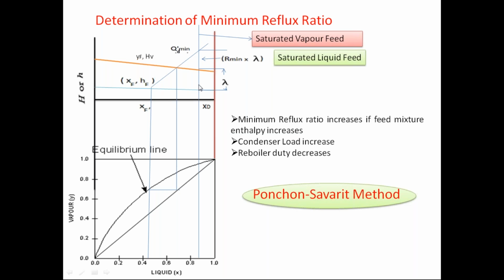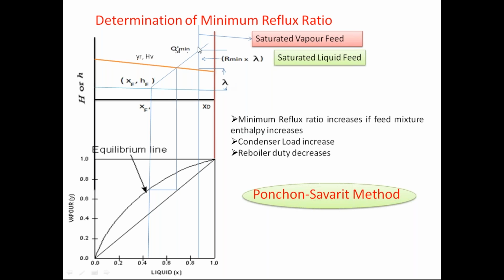Because it is a total condenser condition, the vapor will just have its latent heat of vaporization lambda removed to get saturated liquid from saturated vapor. So the value is called the lambda of the product mixture. This is the lambda of the product mixture, so this is equal to that.